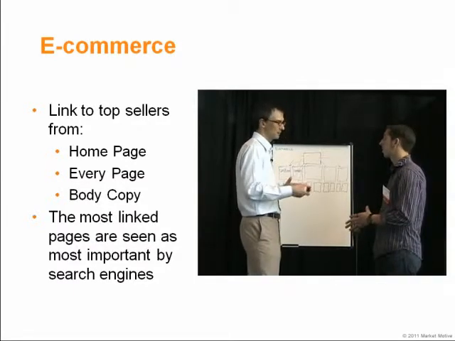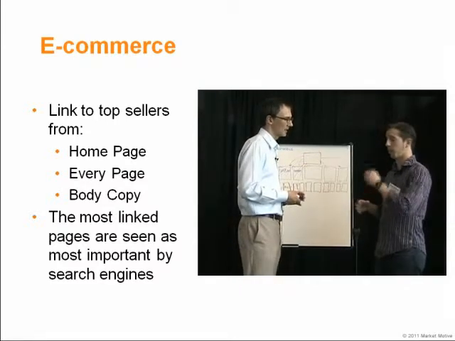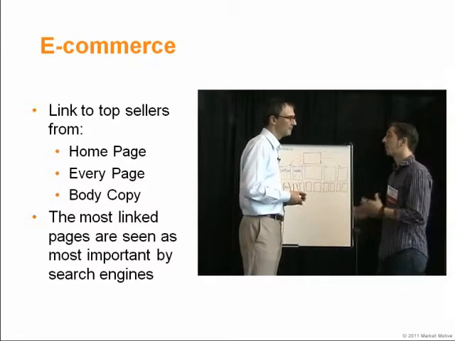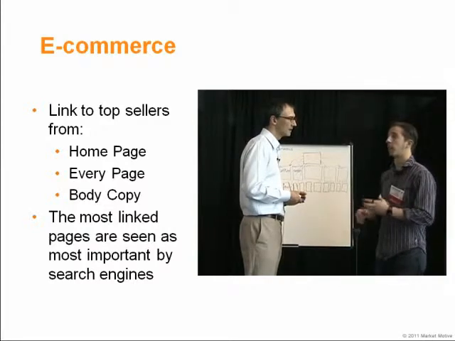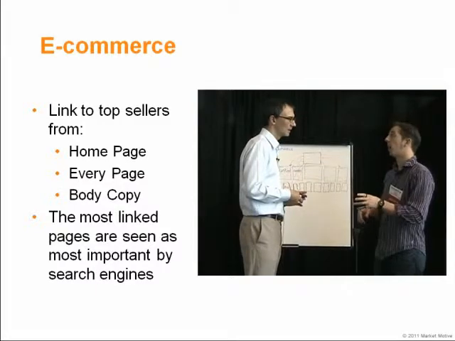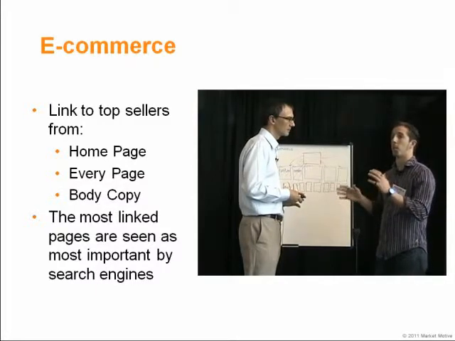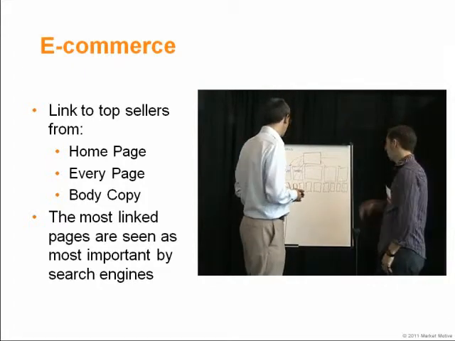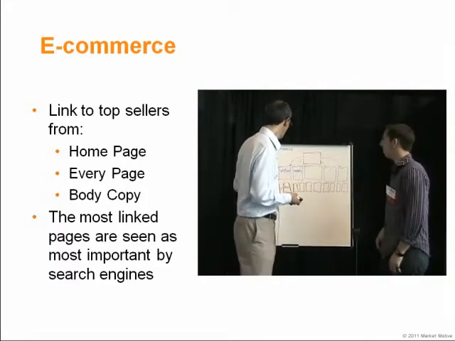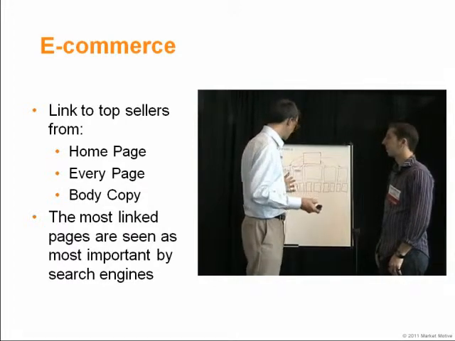Which may be more difficult to do. There's still plenty of equity to be had from the navigation. So that's not to say, disband the navigation and don't do it there. It's just saying that if you have words around it, the body copy is going to be the most valuable links. Okay, all right.